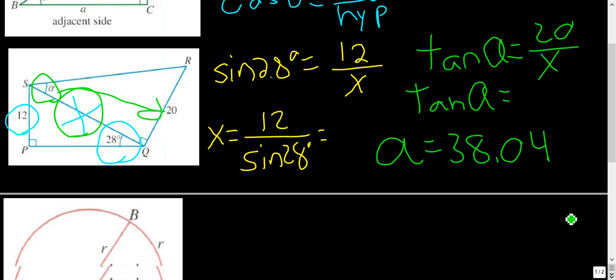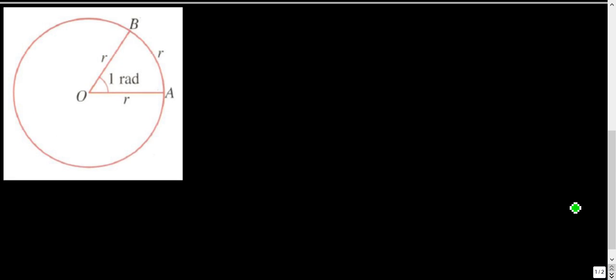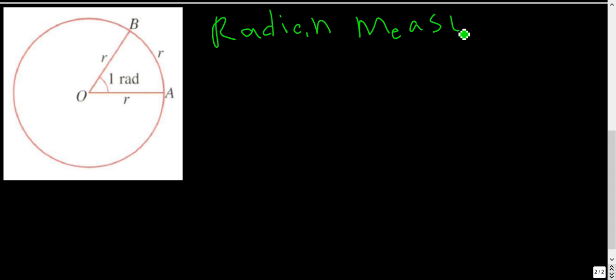Now, they didn't used to have calculators, so instead of having to deal with these wild angles, they created a new way to talk about angles, and it's called radian measure. Their logic here was, every circle has a circumference of 2 pi r. If we think about it, how many radii does it take to go around the circle?